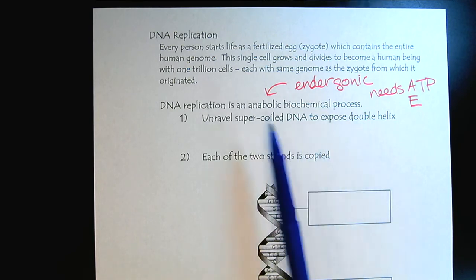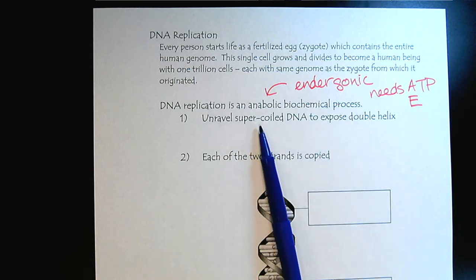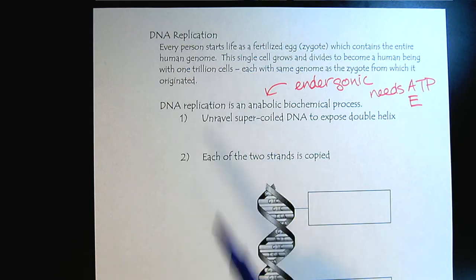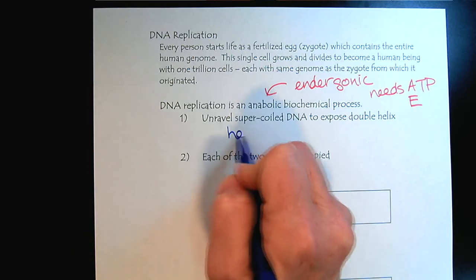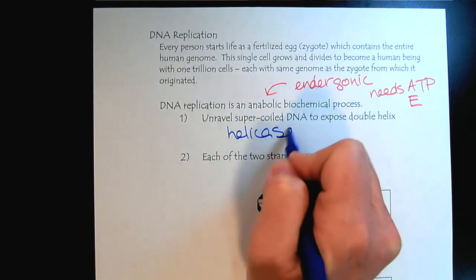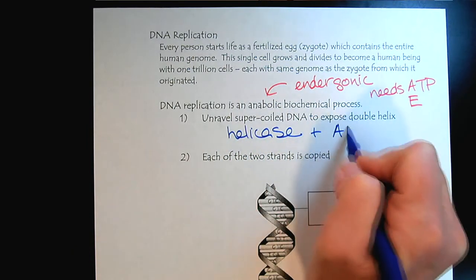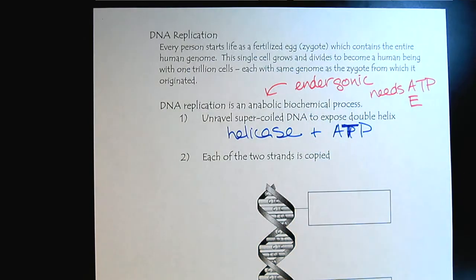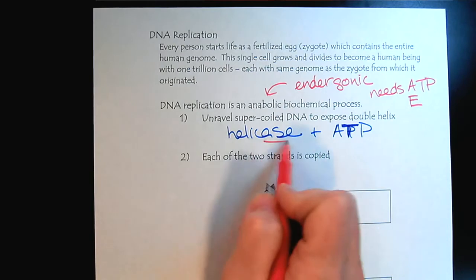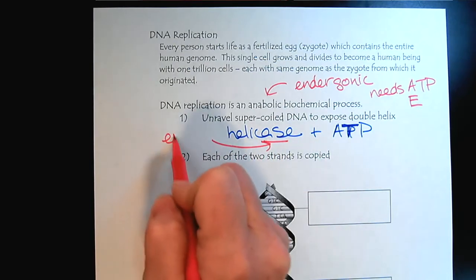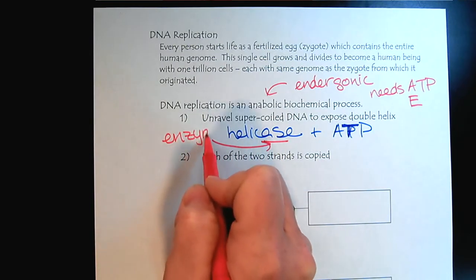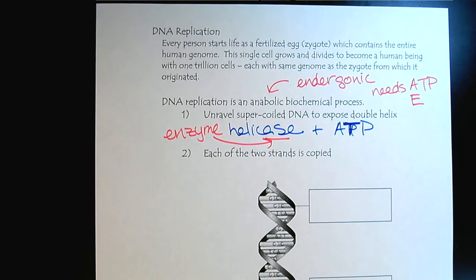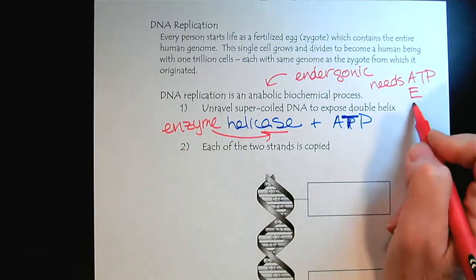Think about that, it coils up on the histones and there is lots of coiling happening. So the enzyme here is helicase, and then of course we need the ATP. Recognize that ase is our enzyme ending, and it has a very logical name: we're opening up the double helix, so helicase, and we need energy.